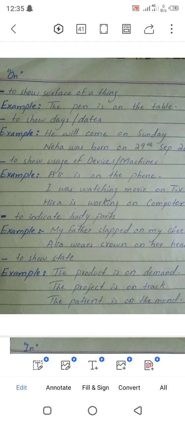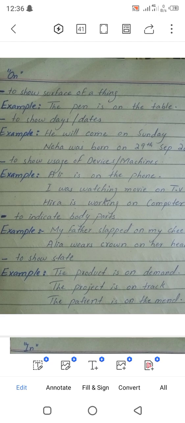Prepositions are the words that show the relationship between the noun or pronoun and other parts of the sentence. From the very beginning, at the basic level, we are taught that prepositions show the relationship between nouns, pronouns and other parts of the sentence. But we have heard this definition since childhood, so today let's also justify it: how the relationship of pronouns and nouns is maintained with the other parts of the sentence with the help of the preposition.